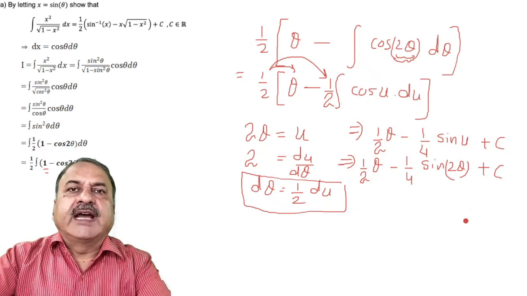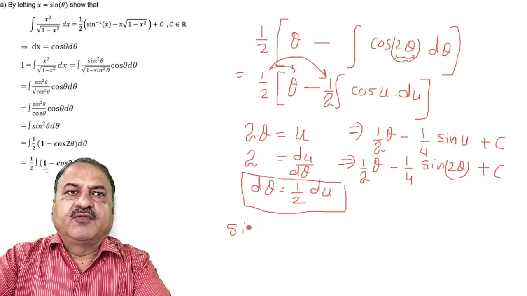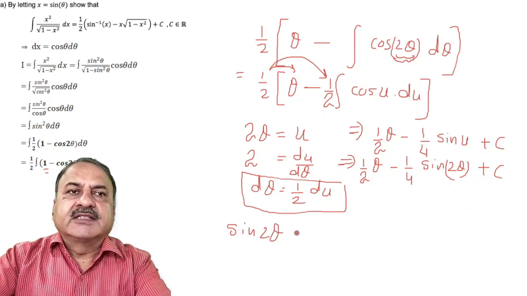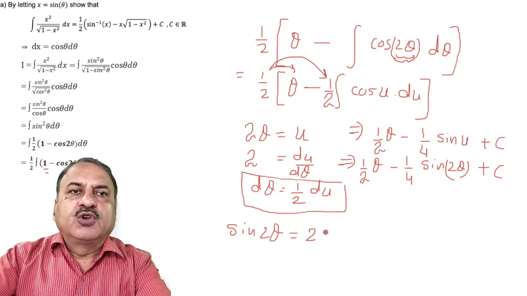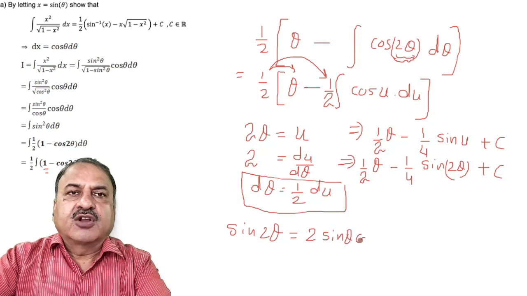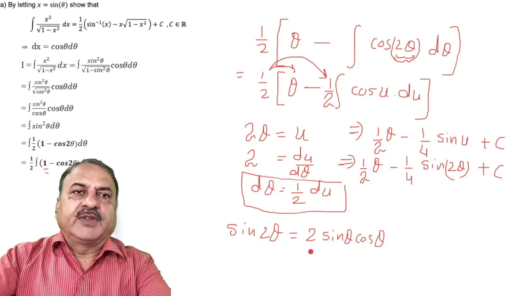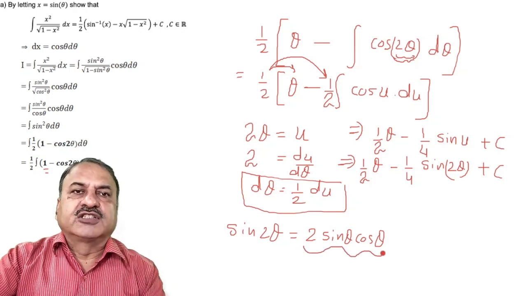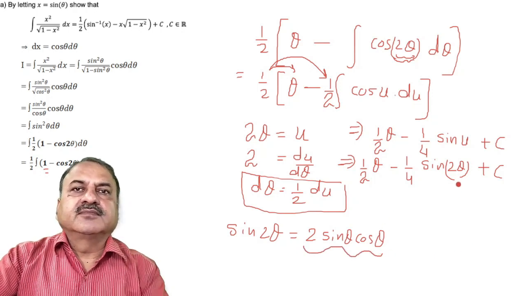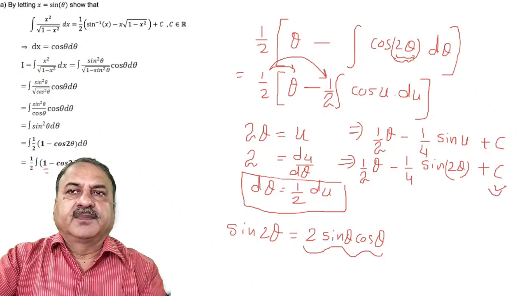Now we know the double angle identity, sin 2 theta equal to 2 sin theta cos theta. We have to plug in this value, 2 sin theta cos theta, into this integral we got.